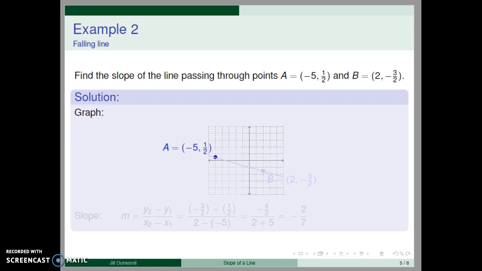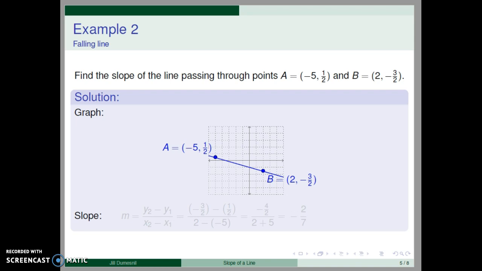Plot the point A by moving back 5 and up 1/2 from the origin. Plot the point B by moving right 2 and down 1.5 from the origin. Then draw the line through those 2 points. Notice that it is a falling line.